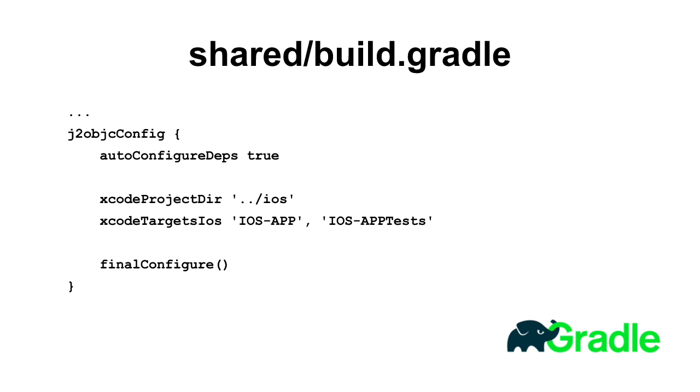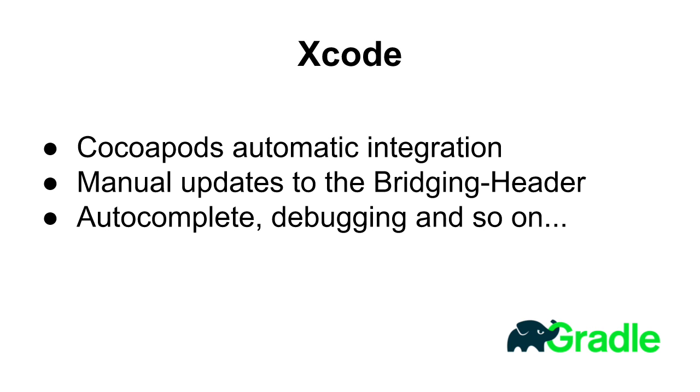And so it will include the header files. It will link in both the J2ObjC runtime and any of the dependent libraries, and you shouldn't need to muck with it at all. The only thing you need to do manually is add stuff to the bridging header. The bridging header is used when Swift code is accessing Objective-C.